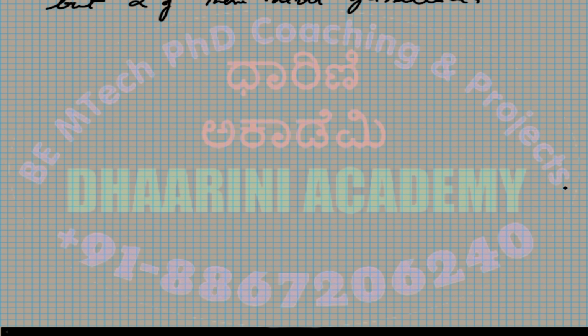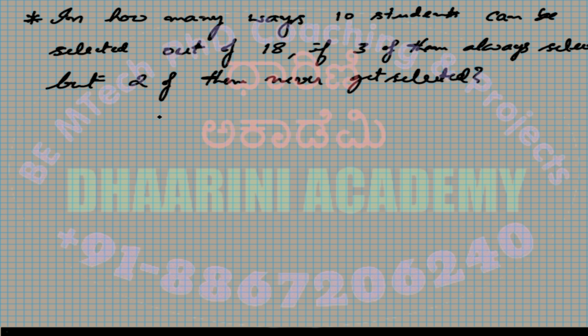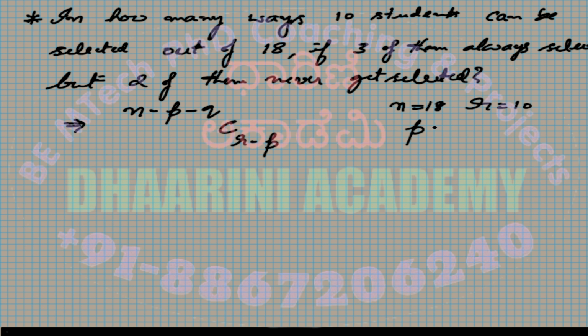right? Some of them get selected, some of them do not get selected. So the answer is equal to n minus p minus q C r minus p, where p is the selected ones and q is not selected. In this case, n is equal to 18, r equal to 10, p equal to 3, and q is equal to 2.